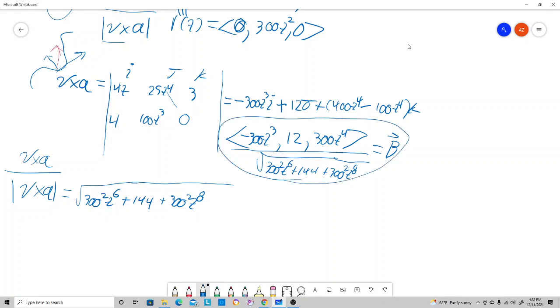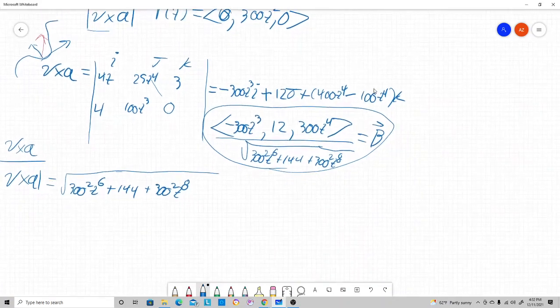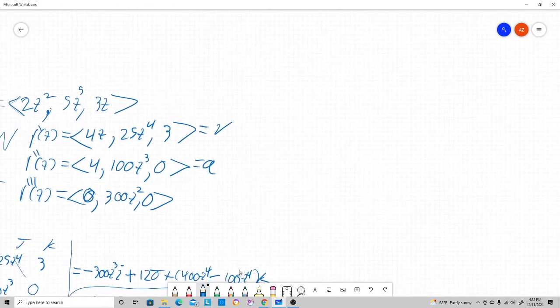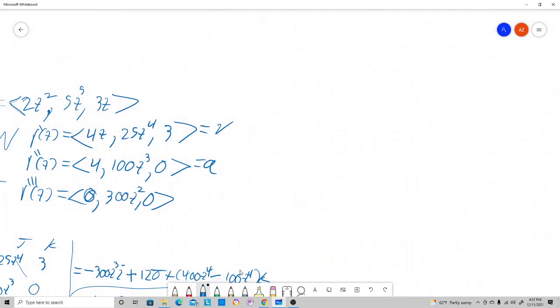Now I can move to torsion. Torsion should have this general equation. This is tau; torsion is denoted as tau.